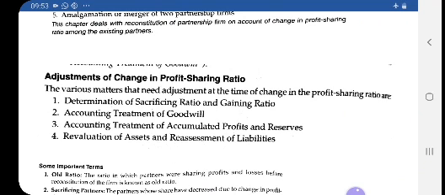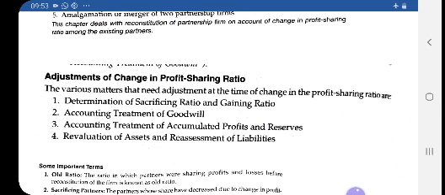The second topic that I am recalling is the treatment of goodwill. We have already discussed the various valuation methods of goodwill: average profit method, super profit method, capitalization method. Under this we have discussed two more methods, that is capitalization of average profit and capitalization of super profit.